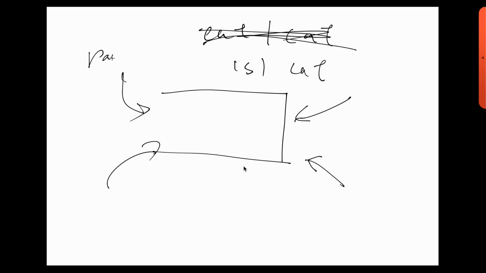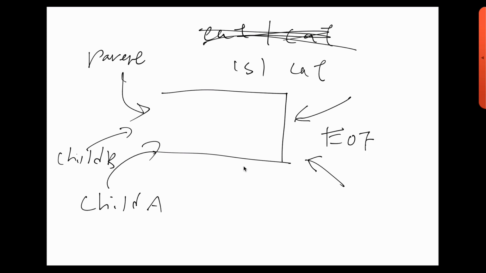The parent, okay? I don't know, child A, child B, child C, I don't know how many children you have, all monitoring those ends, and as the kernel knows that, oh, there are someone monitoring the ends, so I shouldn't close it. I shouldn't tell the other end and say, oh, no one cares about the input anymore because all input have gone, so I won't let anyone encode anymore and tell you EOF on the read side.